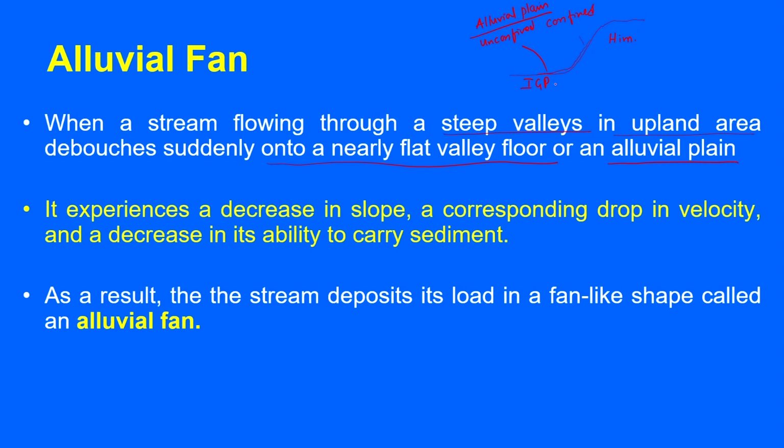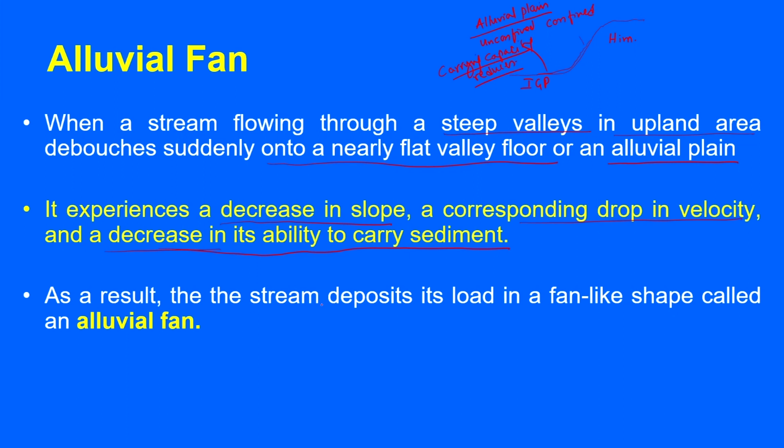So, there is a sudden decrease in the slope here, okay, a corresponding drop in the velocity, okay, and a decrease in its ability to carry the sediments. So, the carrying capacity also decreases here.